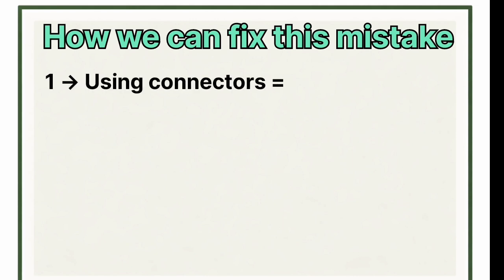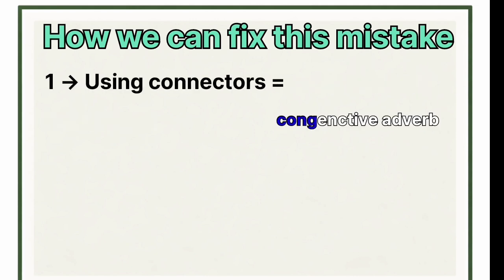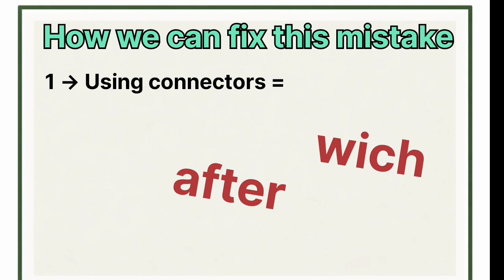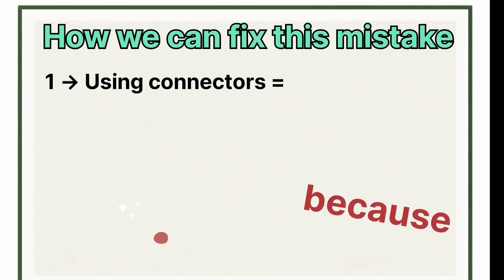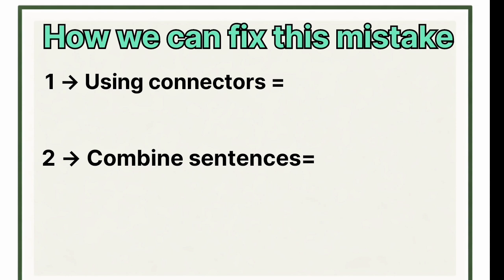First, use connectors, coordinating, subordinating, or conjunctive adverbs like and, but, so, which, after, before, because, etc. Second, combine sentences instead of making many short fragments, and here you need to use conjunctions.